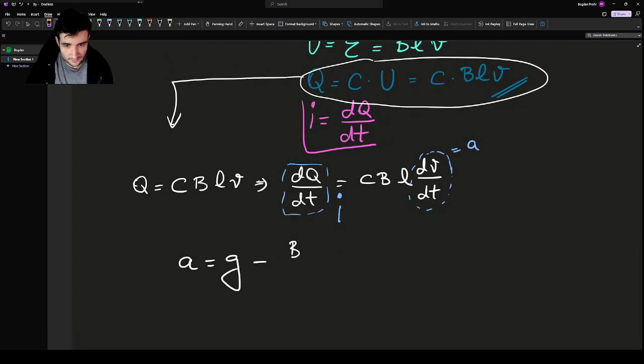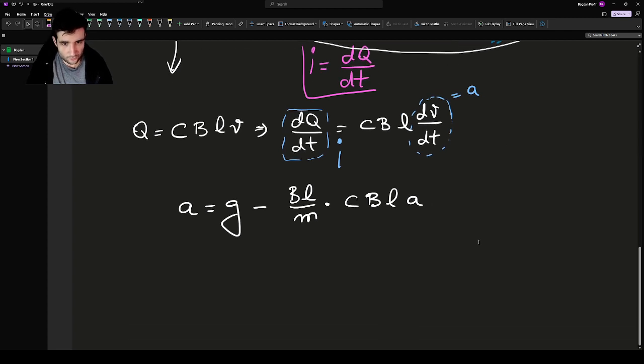So I have BL over m multiplied by the current, which is CBL times A. And then what we can do with this is we can rearrange it so that I have acceleration times 1 plus b squared L squared C over m is equal to g.